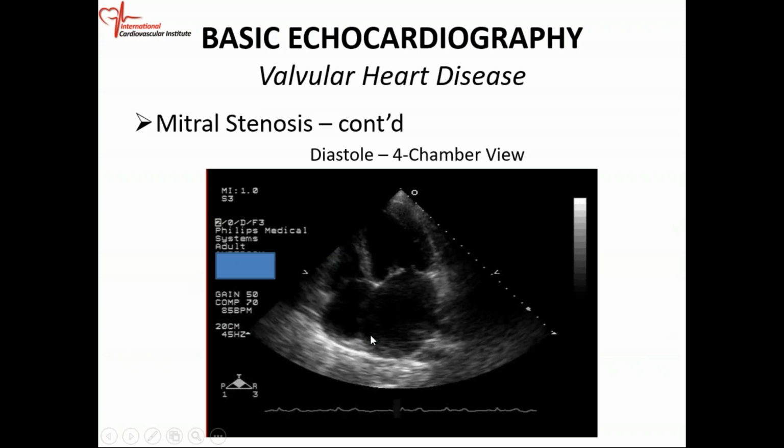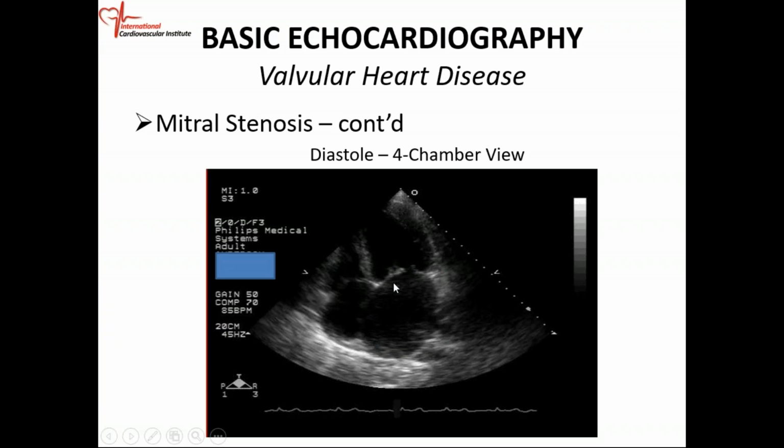Okay, so again, this is our case, rheumatic mitral stenosis. This is the left side of the heart, and the right side. Your left ventricle, the muscles, this left ventricular cavity here. Mitral valve is right there, anterior leaflet and the posterior leaflet. You can see that your left atrium is huge.